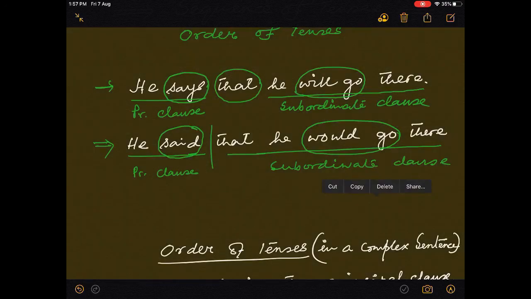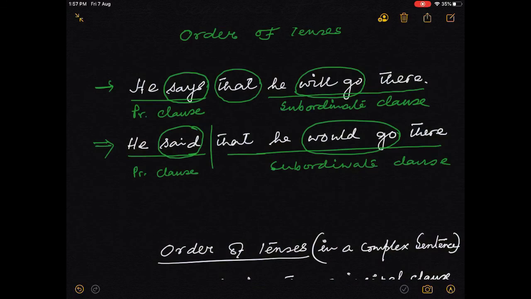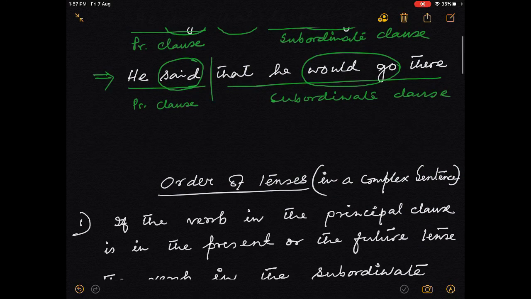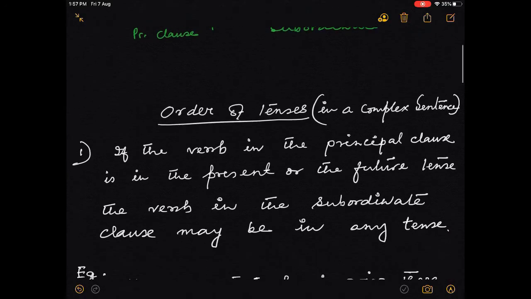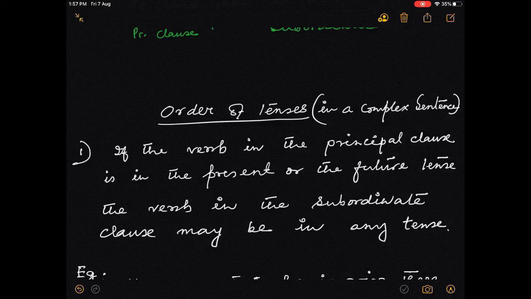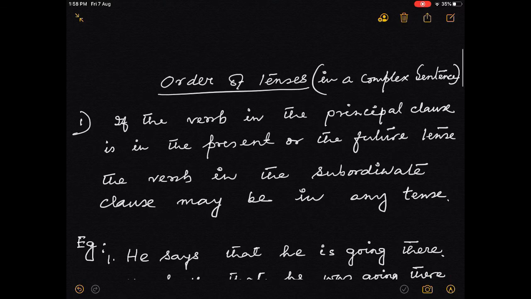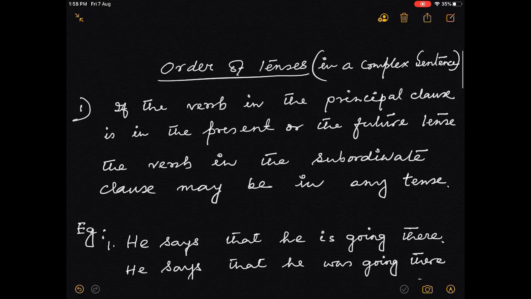So, sequence of tenses means order of tenses in a complex sentence. This is the law I just said. And what is the law? The law is stated under three heads, under three points.